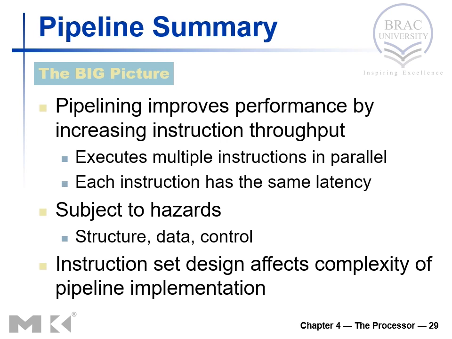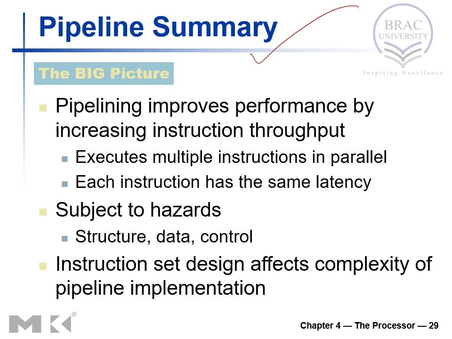Now, what is the pipeline summary that we can say? Pipeline improves performance by increasing instruction throughput. We all know that in a single cycle datapath, once one instruction is done, then the next instruction comes in. But in a pipeline, once one instruction completes the fetch stage, the next instruction can start the fetch operation.